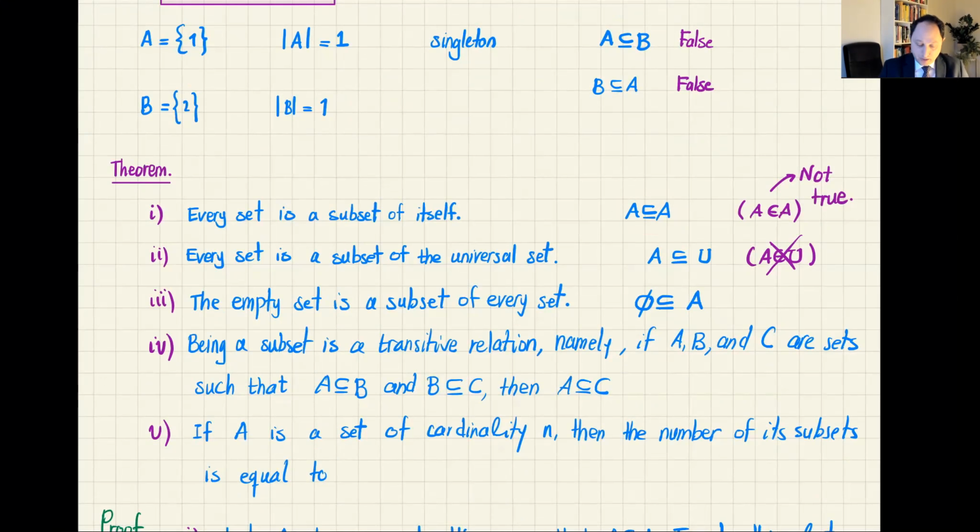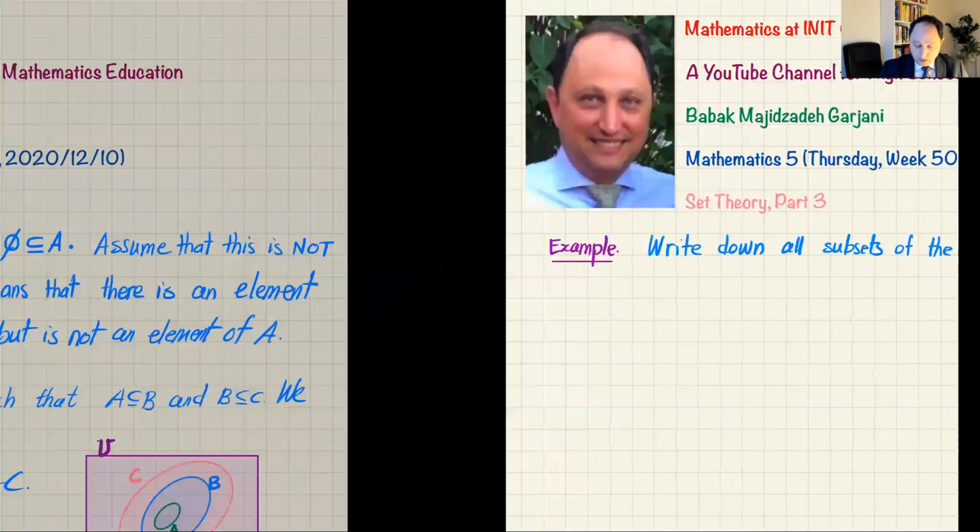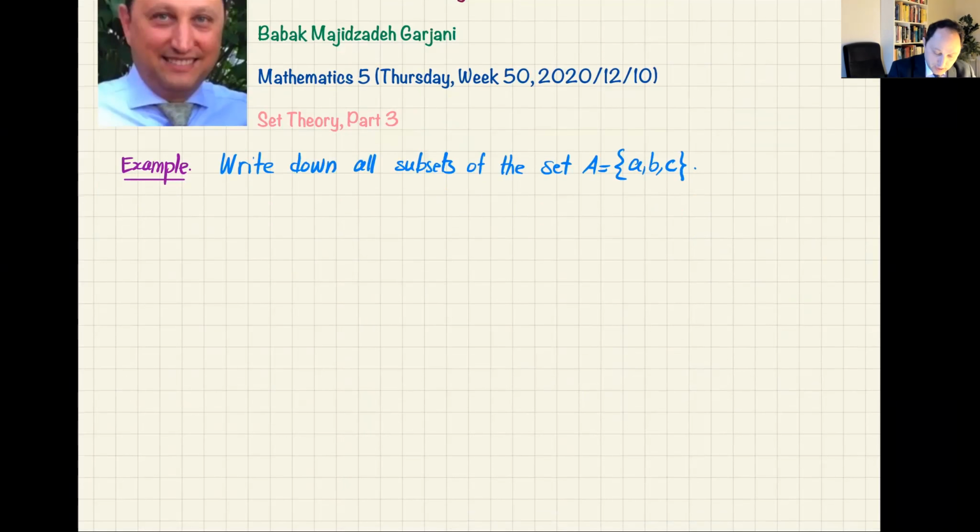Itself, yes, exactly. So these are two extreme cases when you want to write down all the subsets of a given set. So you start with this list. You write the empty set. And the next one, for example, here I have the cardinality is 3.